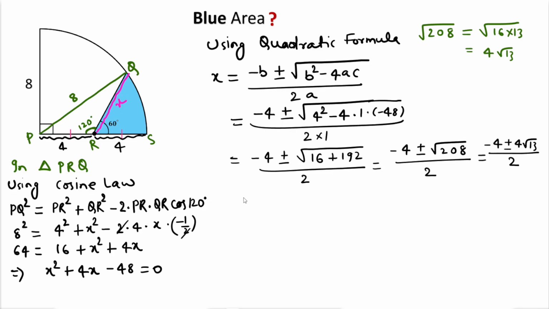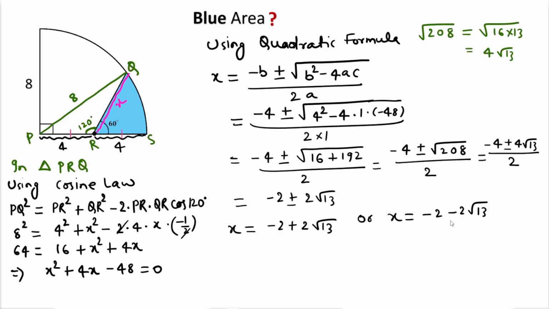Now the 2 will get cancelled, so it will become minus 2 plus minus 2 under root 13. So in this way we get two x values, that is minus 2 plus 2 under root 13, or minus 2 minus 2 under root 13.